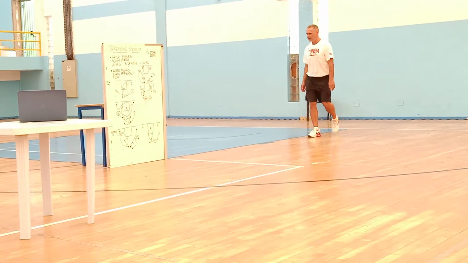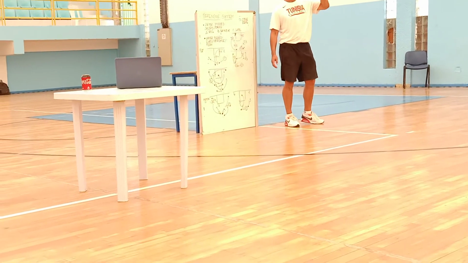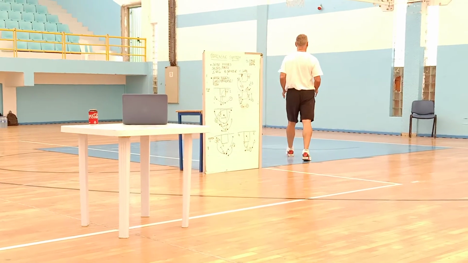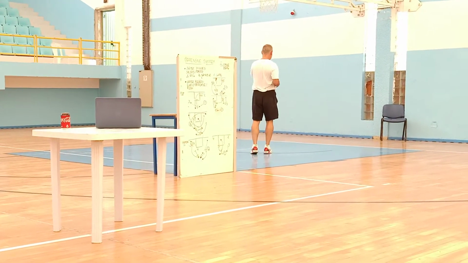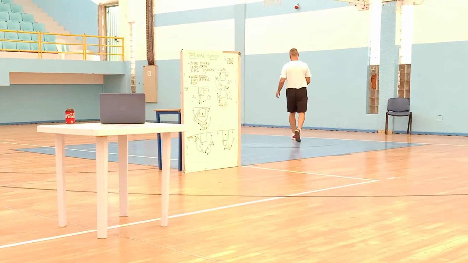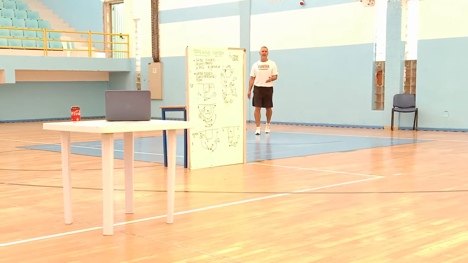What we want is, we always want the 5, I don't care where he is, the 5-man must rip the ball out of the net. This side or that side, doesn't matter. He's got to rip it out of the net and get it down as quickly as he can.